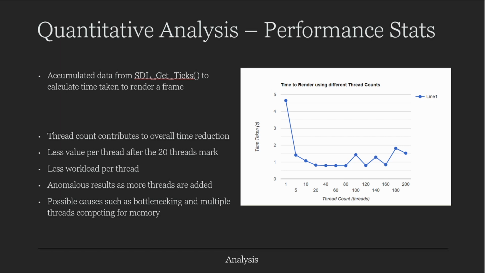However, after adding 20 threads to the program, the value of each thread diminishes notably, which is likely to be from multiple threads competing for memory and the computer being unable to handle so many threads at once. I found it interesting that the thread counts of the 100, 140, and 180 marks provided anomalous times. However, I cannot find an explanation as to why they do not match the rest of the trend.